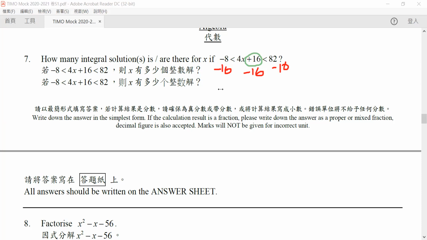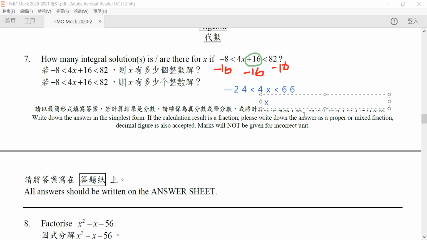If we minus it, then we get -8 minus 16, which is equal to -24. -24 is smaller than 4x, but it is also that 4x is more than 82 minus 16, which is equal to 66. All right. So we just divide both sides by 4.